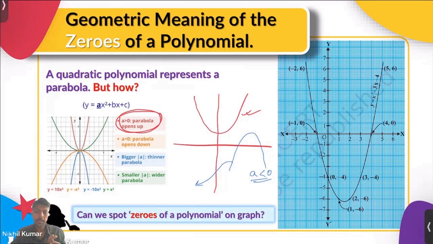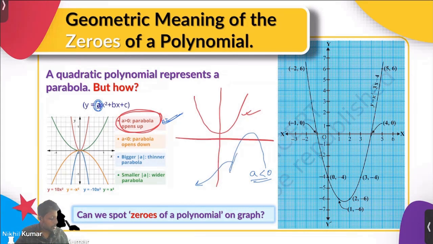There are many other things, by the way, okay? So we now know that if it opens up, then the coefficient of x square must be positive. If it opens down, if it's like this, opening down, then the coefficient of x square must be negative. This is known to us. All right.